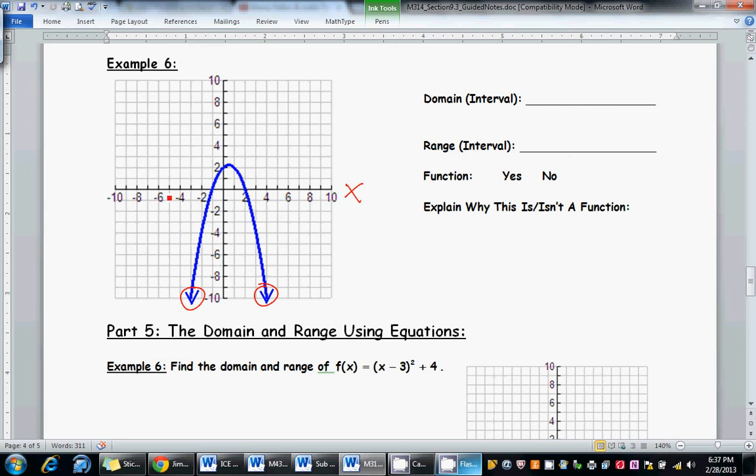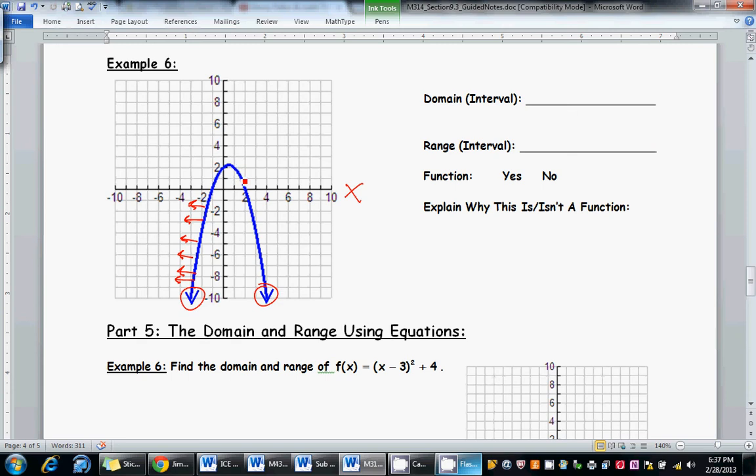I need to ask myself, is it going out to the left and to the right? You'll notice, while it's going down, the graph is slowly branching out to the left. Little by little, every time. And these arrows tell me that it's going to go down and to the left forever.